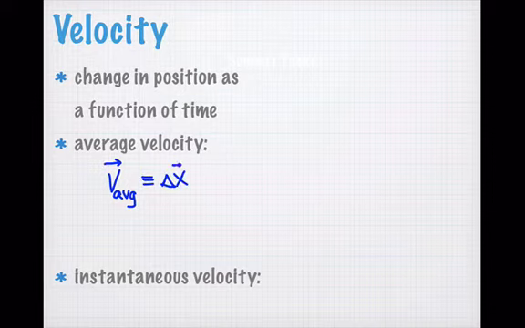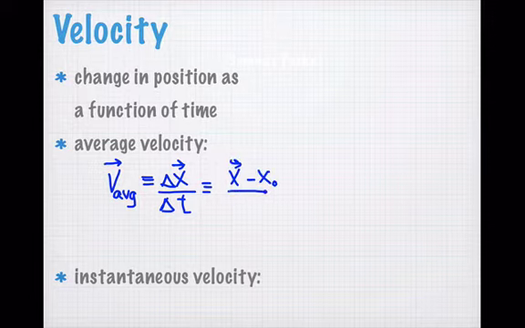And remember, x is our position, so delta x, change in position, is displacement, over delta t. t is time, so delta t is change in time or time interval. So we can actually pull that out even further. So we could say this is equal to x minus x naught over t minus t naught. Okay, oops, forgot an arrow there.